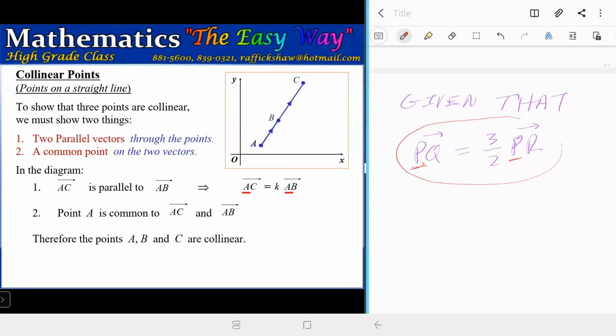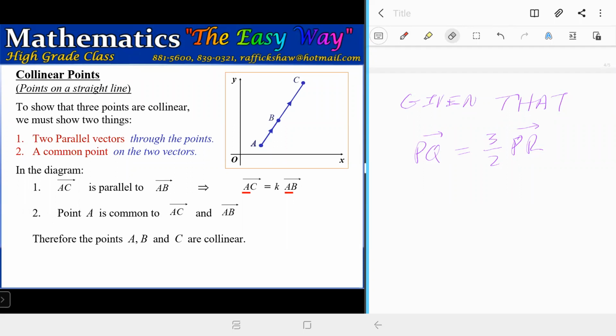Why are these parallel vectors? Who can tell me why those are parallel vectors, the PQ and the PR? Why are they parallel? Somebody unmute the mic and tell me why those two vectors. If I give you this equation right there, why can I conclude that PQ is parallel to PR?